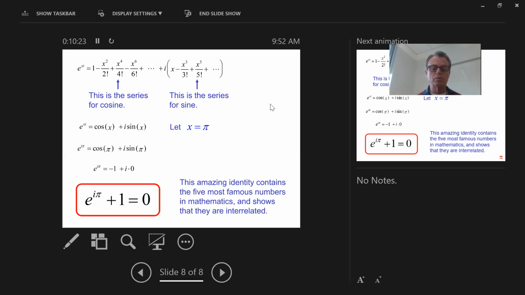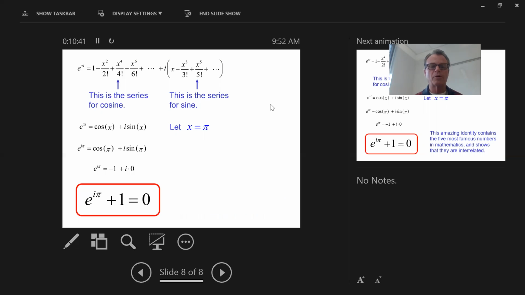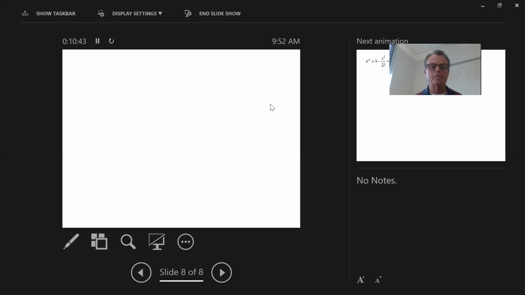It has the two irrational numbers that you recognize the most from high school math, which would be e and pi. And it gives you the identity element of multiplication, the identity element of addition, and the square root of -1 in one identity. Okay? Very clever, but we don't need this for the test.